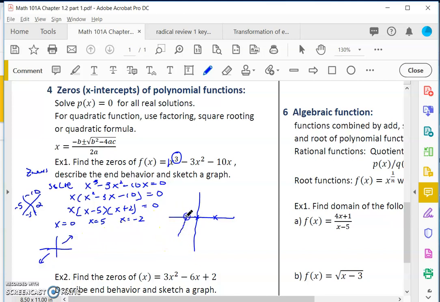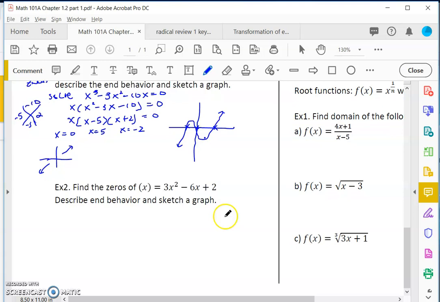So it goes from here and then we come back and we go like this. So this is the sketch. Now how high or low does this peak go? We do not know. We would be able to do that in chapter 4, I guess, after we learn calculus.